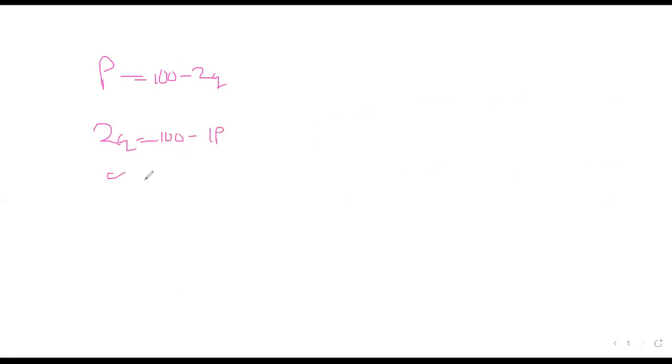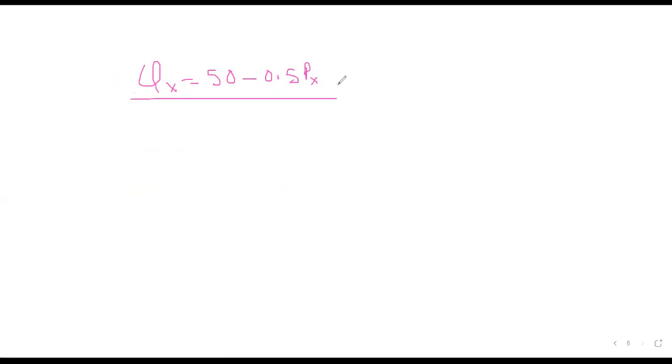So meaning Q is equal to 50 minus 0.5P. Suppose you're given this as a demand function. All right. And you're told number one. So Q is equal to what? 50 minus 0.5Px.